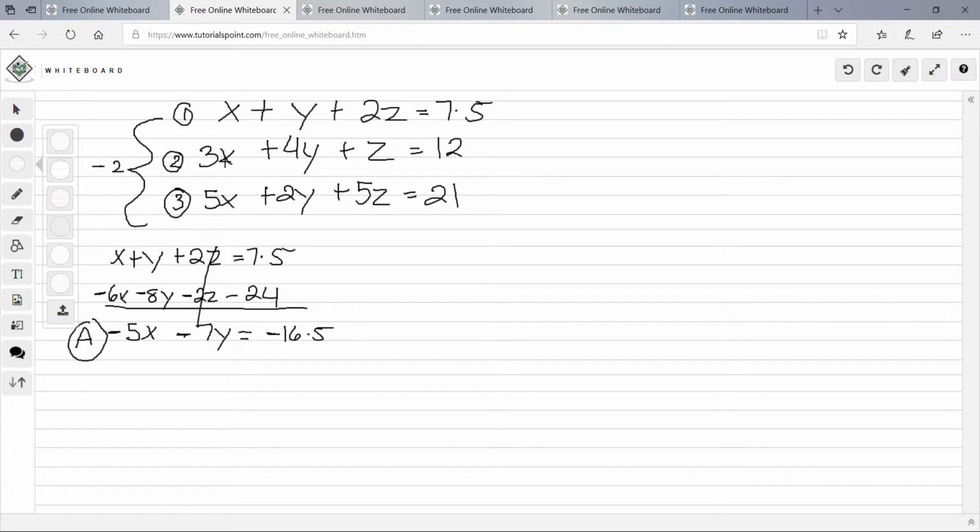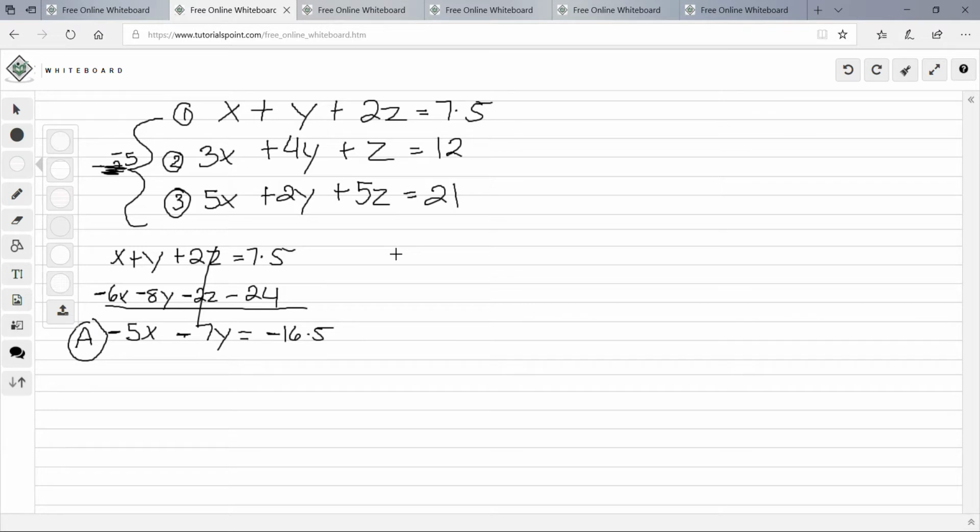Okay, so let's look at equation 2. We have 3x plus 4y plus z equals 12, and then 5x plus 2y plus 5z equals 21. Let's get rid of the z's. How would I get rid of the z? I can multiply equation 2 by -5, right? So instead of -2, let's multiply that by -5.